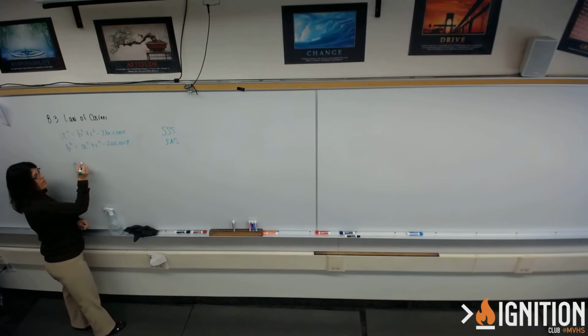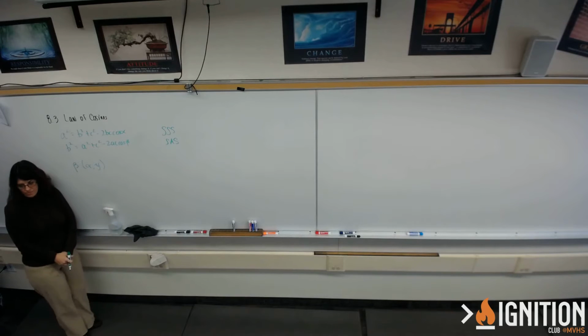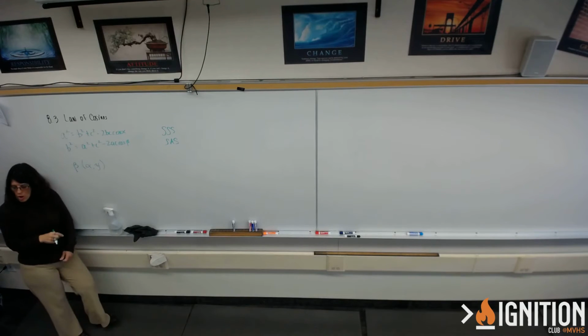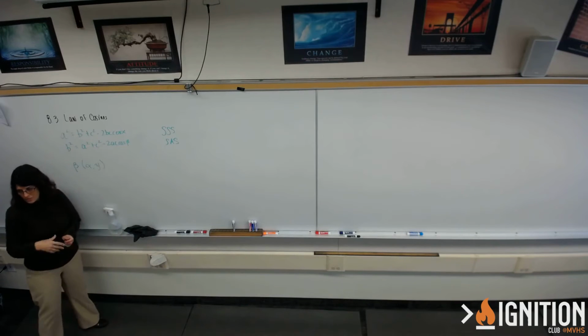Give me the formula to find beta or alpha or gamma or whatever. It all comes from the law of cosines, the original one.